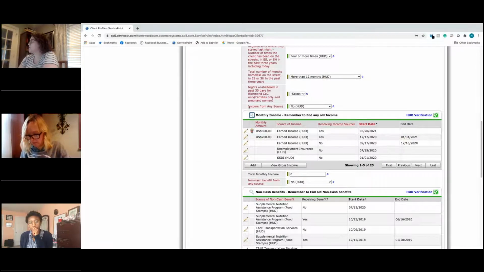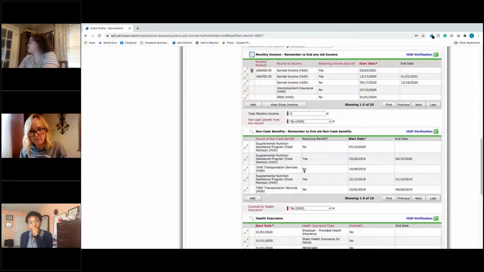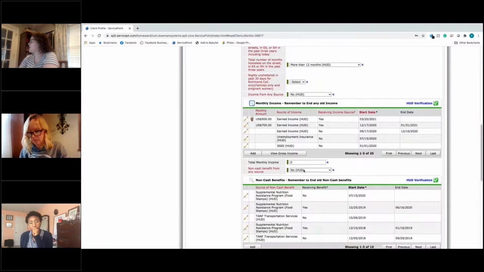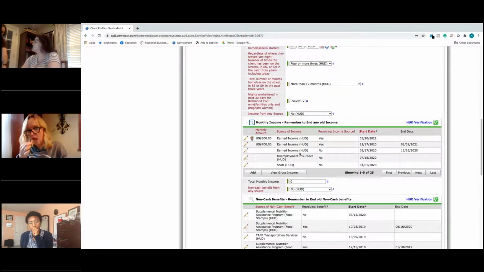Also, as a reminder, there are sometimes 2 questions that come along with each of the sub-assessments, which is this yes or no question. So it's saying, is there any income? And then no, and then you have to re-put in no for everything. Or yes, there is, and then you tell them which ones.